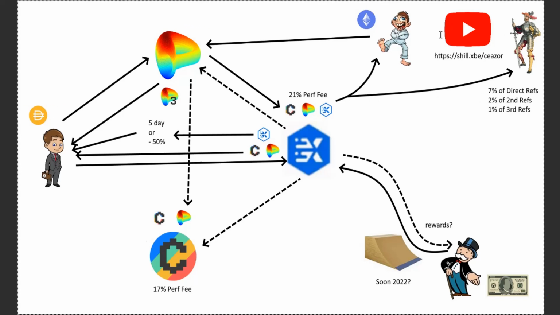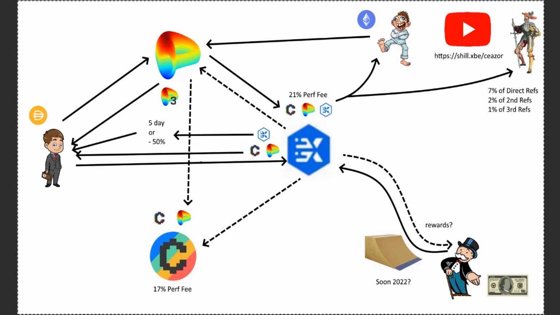Okay, so let's say Boosted Bill comes along and he sees CEAZOR's video and he clicks on the link and then he's like, oh, this is cool. And he puts his money into Curve and then puts that Curve LP into XBE, or he uses the Zap features that XBE has built. They have this easy Zap feature. So he basically puts his money into XBE, and then when he claims his rewards, 10% of them will be given to other people.